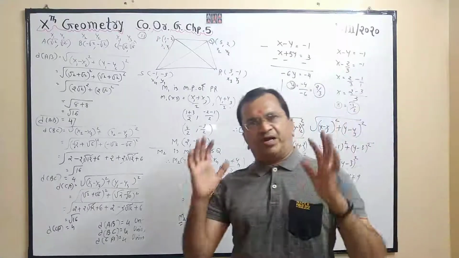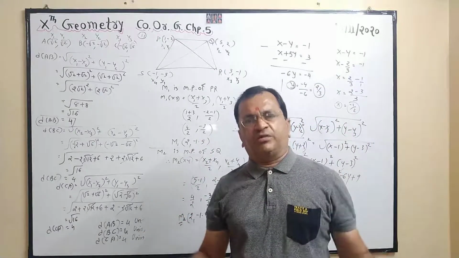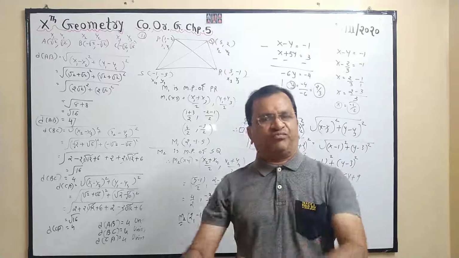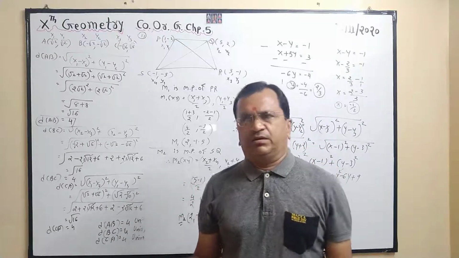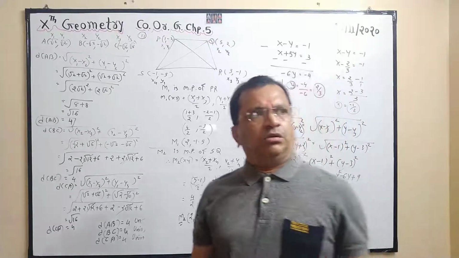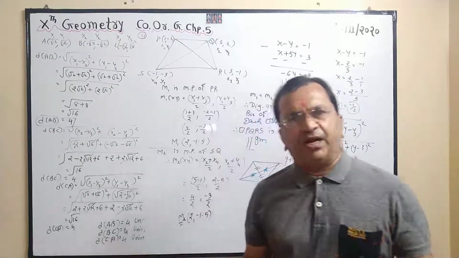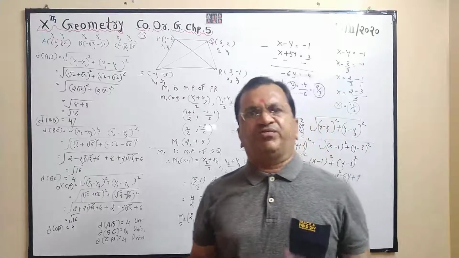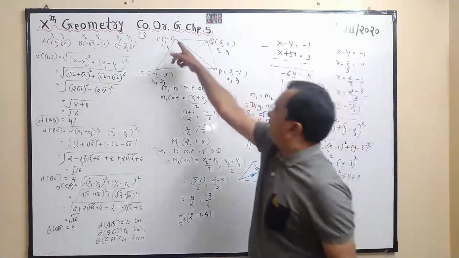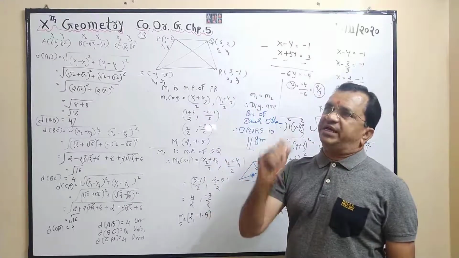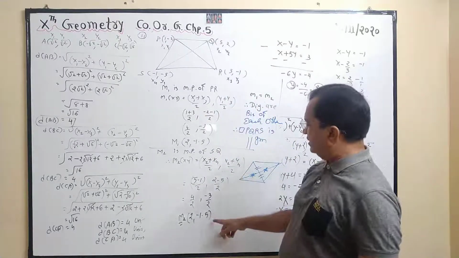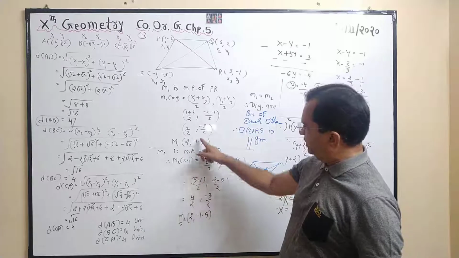So like that, whenever you have to prove a parallelogram, don't go for the distance formula, don't go for the slope formula. Slope formula is not wrong here, but you can utilize it to prove your sum. So for a parallelogram, always use the midpoint formula theorem. Find out one midpoint of one diagonal, second midpoint of second diagonal, both are exactly equal to 2, minus 1.5.